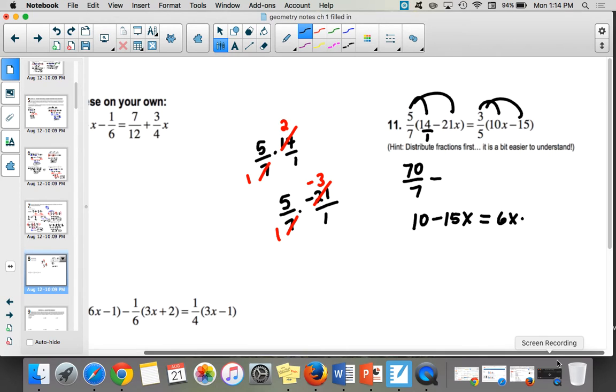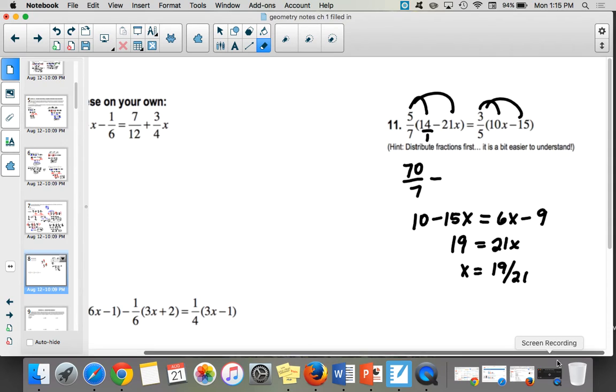So 6x minus 3/5 times negative 15 minus 9. Good. I heard someone say 9. Was it you, Colin? No. Oh, Maya. I knew it was from that direction. All right, so I get 21x, and I'm going to add the 9 to the left-hand side. I get 19. So I think your answer should be 19 over 21.